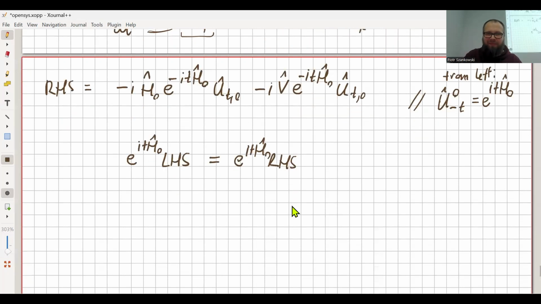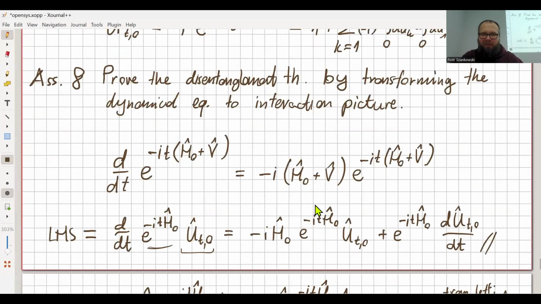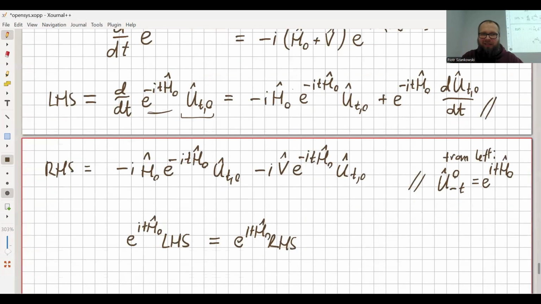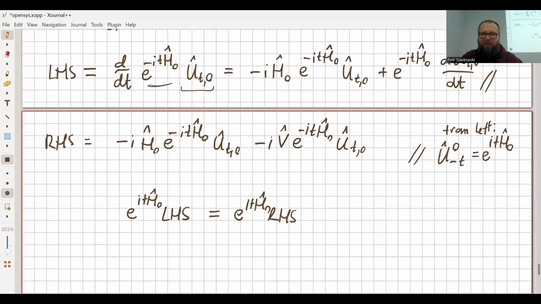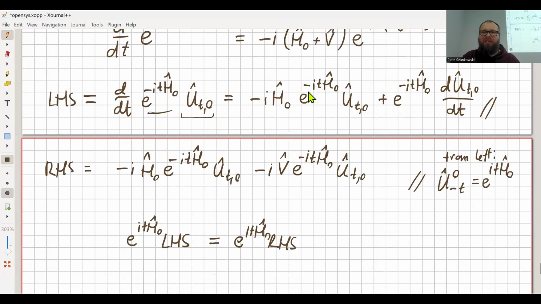Okay. And what does it mean? What do we get in return? So for one, this is the left-hand side. I multiply it with e to the i t H0 from the left. So this comes here, but H0 commutes with itself, right? So I can just commute it through H0, then it meets this guy and they annihilate, right? You get identity here.